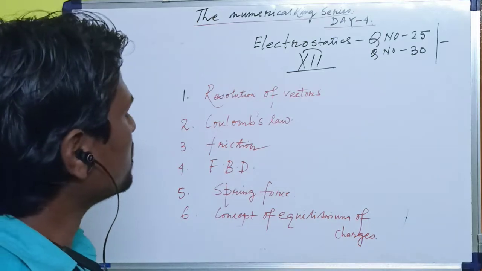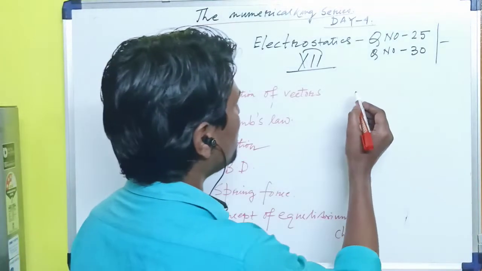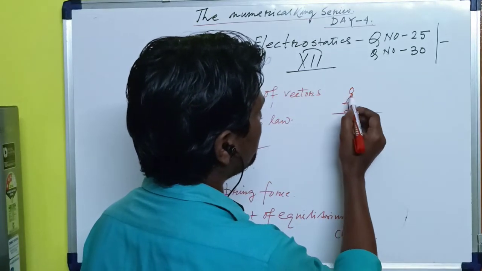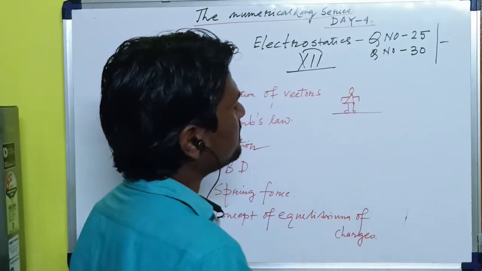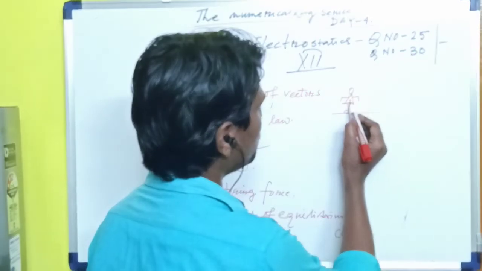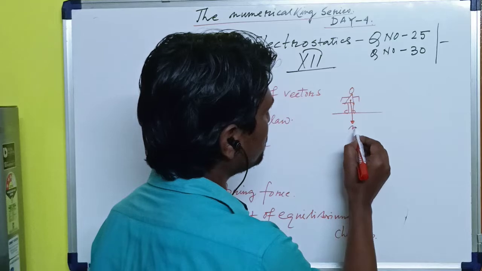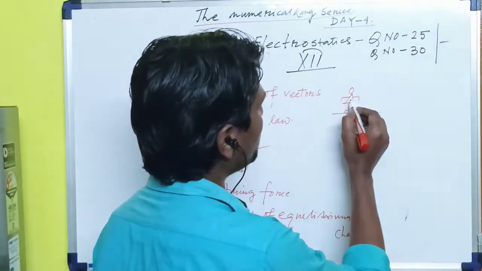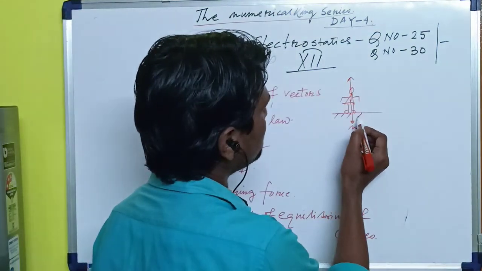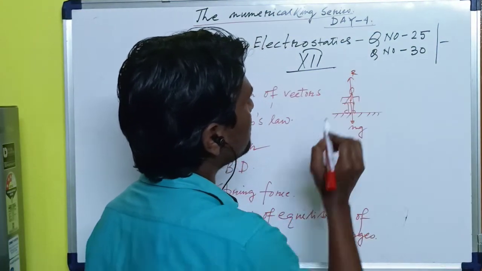So what is resolution of vectors? Suppose a boy is standing here. There is mg, that is weight, acting in the downward direction, and there is a reaction force R due to the surface.